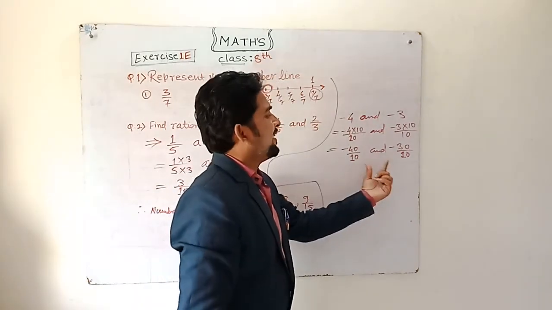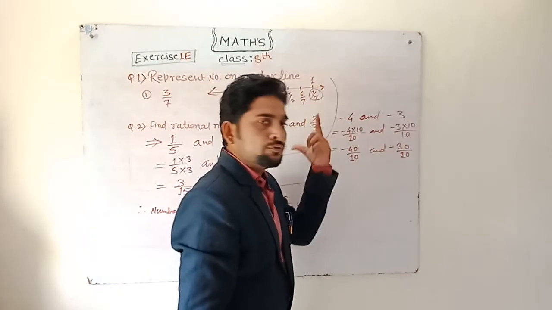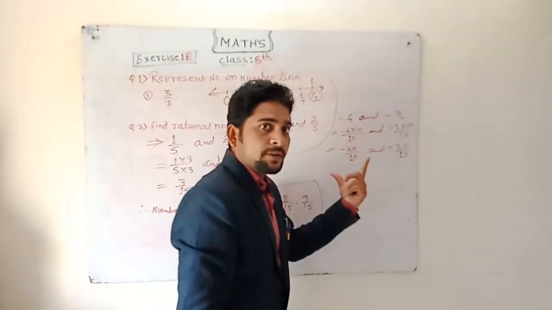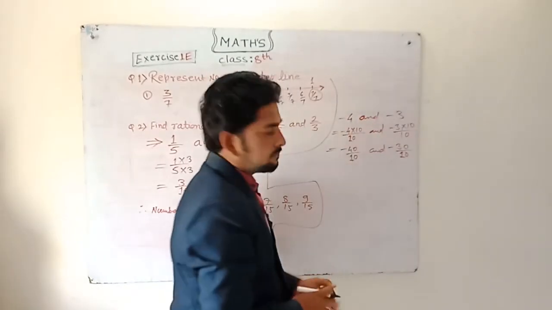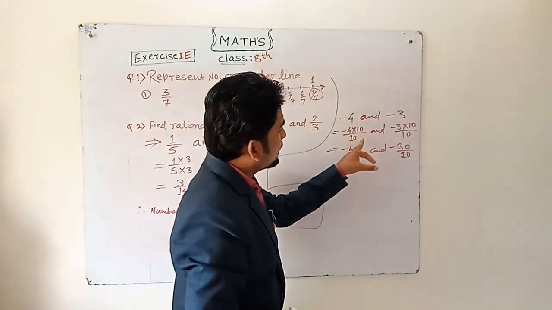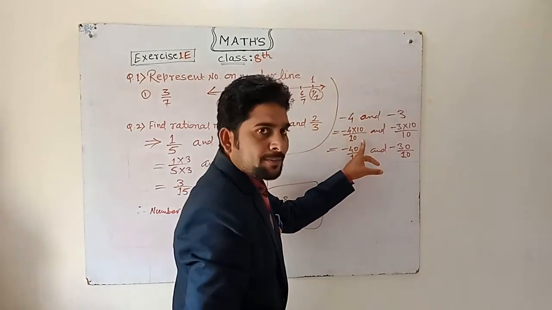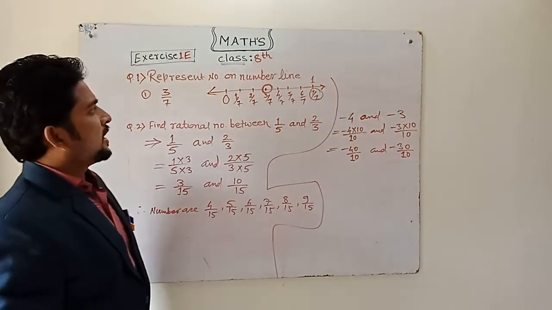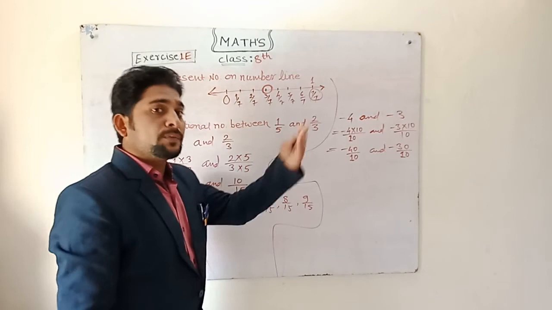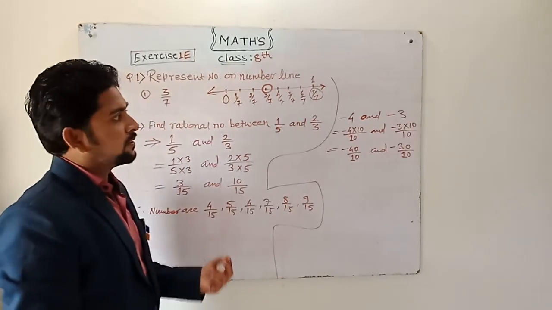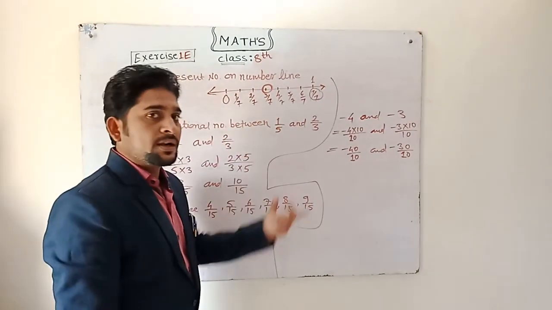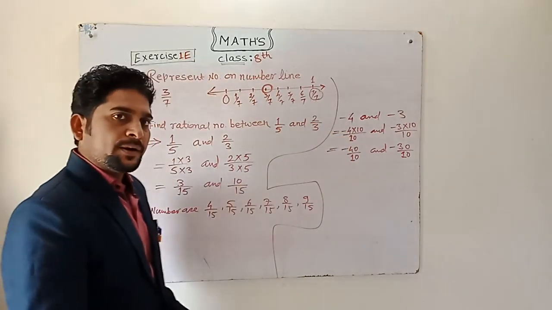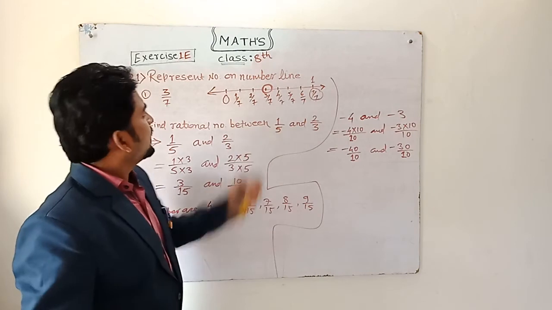These are the values in between these two terms. Like this you have to find. If they ask for 20 rational numbers, then multiply numerator and denominator by 100, like this you can do. They can ask for thousands of numbers also. So you should know how to multiply the numerator and denominator, then you will get the required numbers.